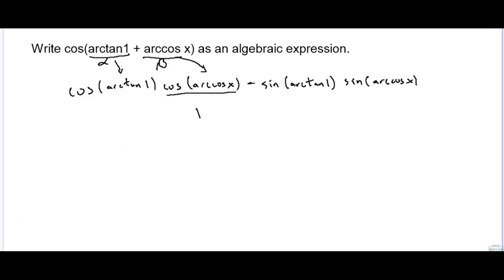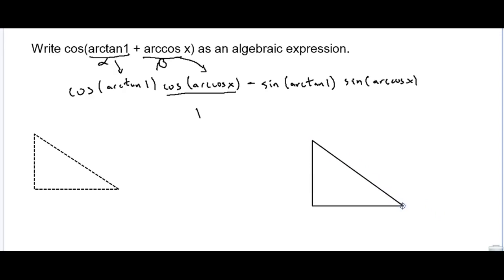Now to make this a little bit clearer, what we need to do is get a triangle. Actually, we're going to get 2 triangles. Let's label this angle alpha, and we'll label this angle beta.